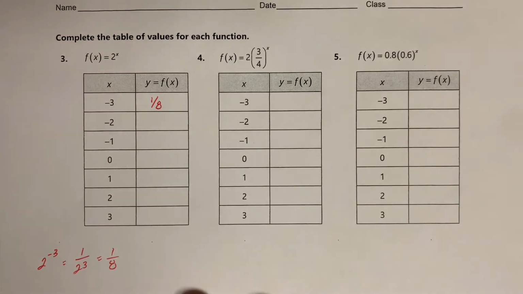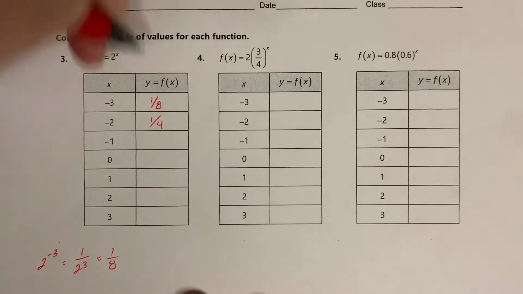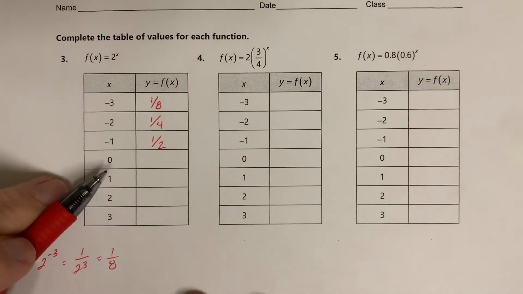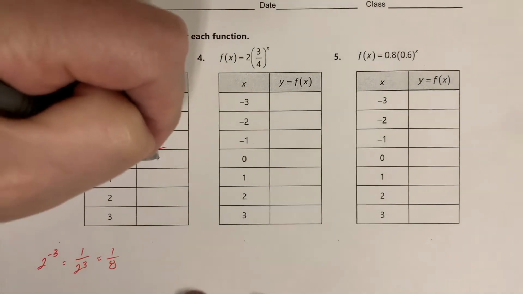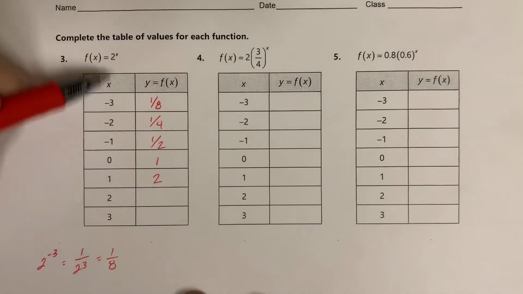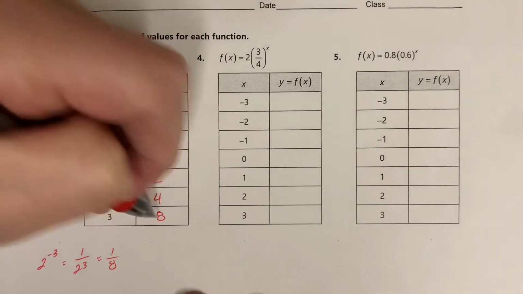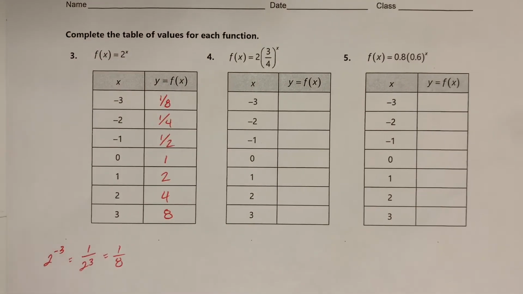Negative 2 gives me 1/4. Negative 1, 2 to the negative 1 is 1/2. 2 to the 0 power is 1. 2 to the first power is 2. 2 squared is 4, and 2 cubed is 8. And that table is done.